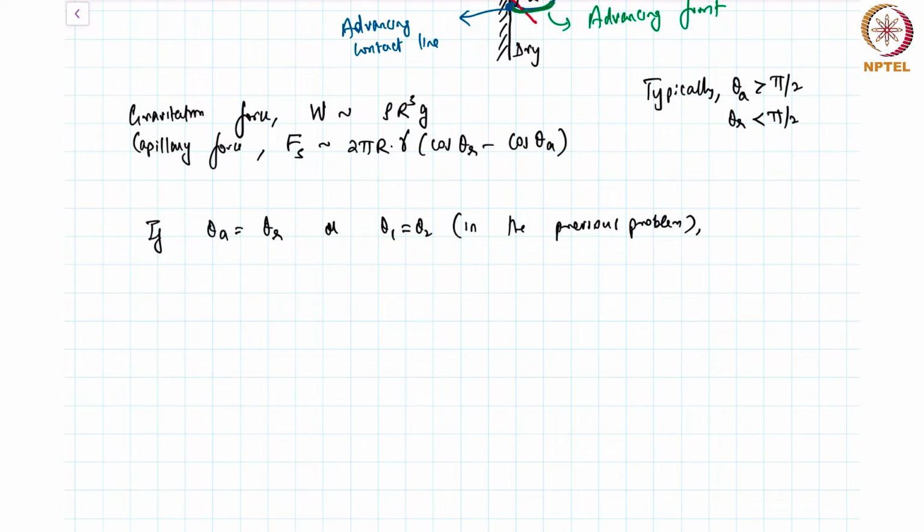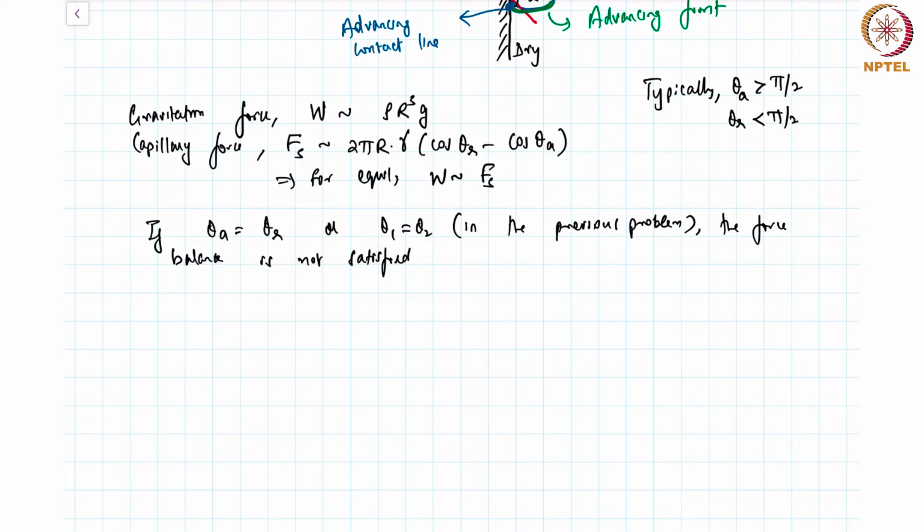the force balance that we saw is not satisfied. And I should mention that for equilibrium, W should approximately be equal to Fs.